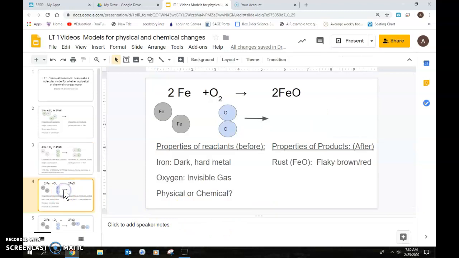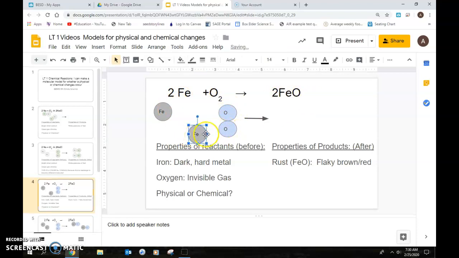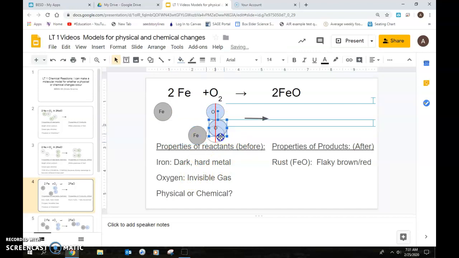Let's try this one. So this is iron, 2Fe, and 1 molecule of O2 here is going to make rust. This is what it would look like. They just switch spots like that. Very similar. So now we have 2 molecules of rust. Before, some of our properties are, we have dark hard metal and an invisible oxygen gas, but when they recombine, now all of a sudden it turns into something red and brown and flaky.